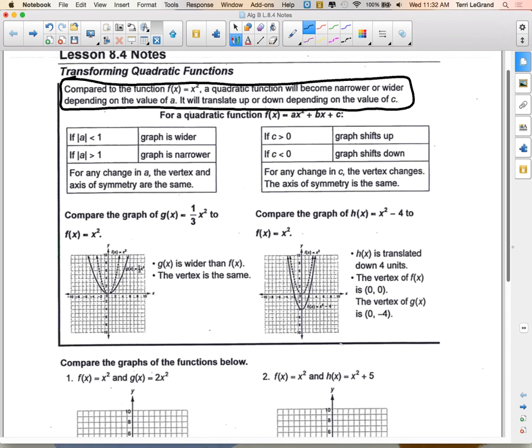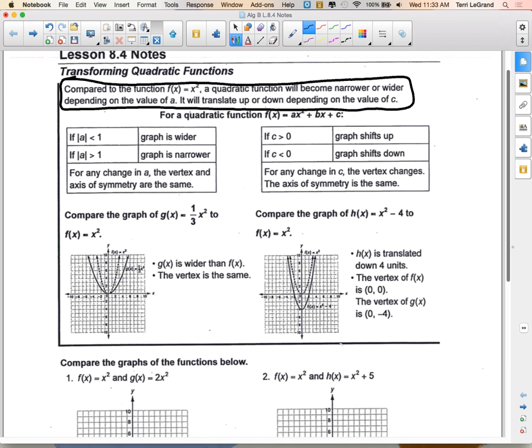Now when we take the absolute value of each of those a's, what are their absolute values? Well, absolute value means what again? Distance from zero. So which one's further away or which one's closer to zero? That's what we're going to use the absolute value of a to decide which one's wider than the other or is it skinnier than the other.